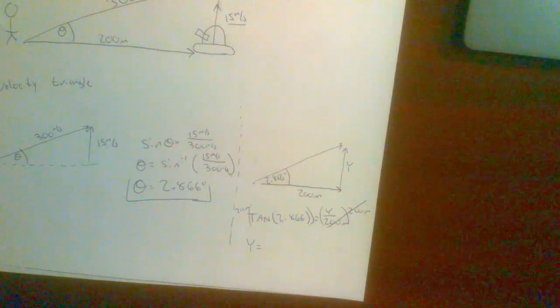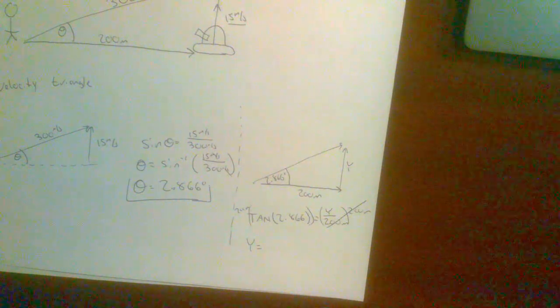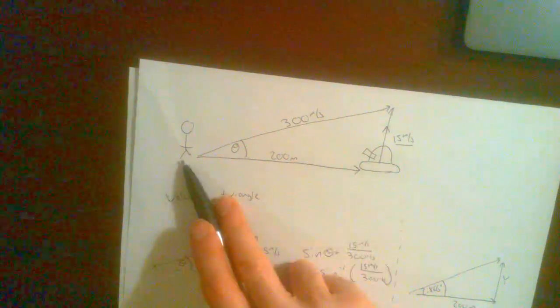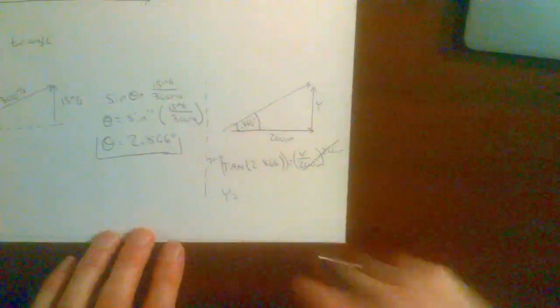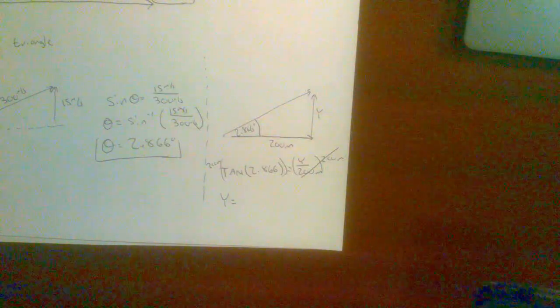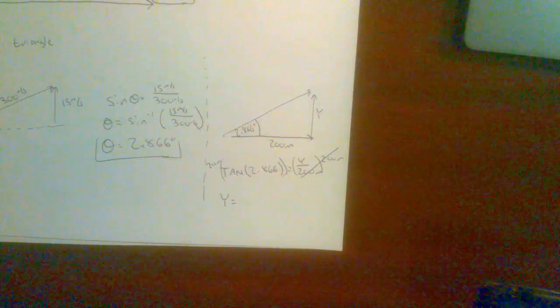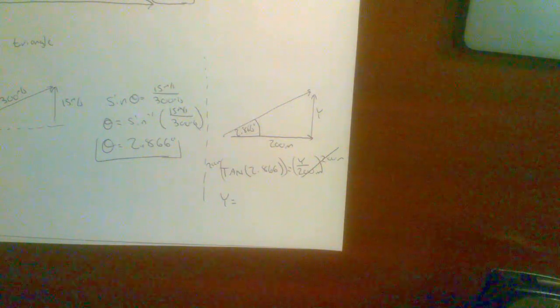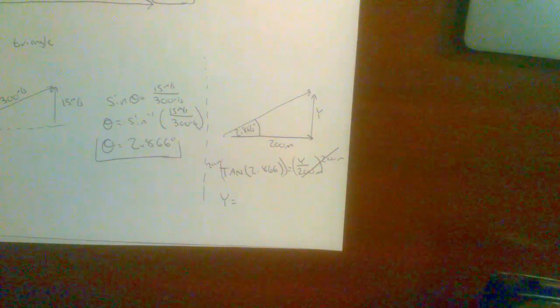Because, again, this is a real physical thing. Dr. J is 200 meters away while aiming to hit the tank up there. So I know that comes out to 200 times the tangent of 2.866 degrees.